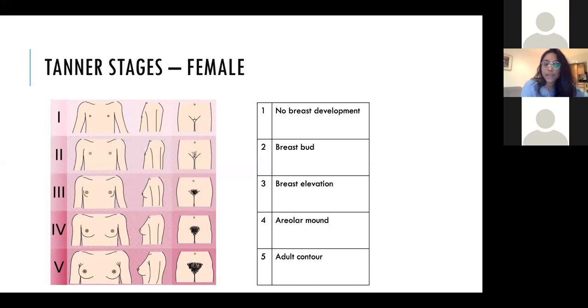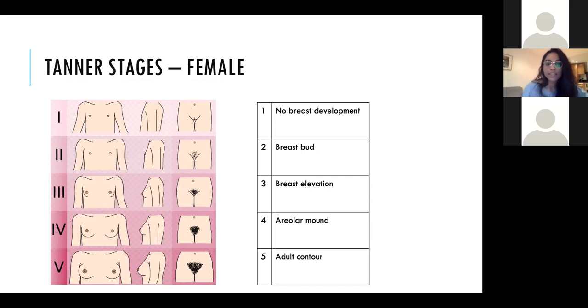Stage 2 is when there's breast bud. So with this, it's not only inspection, you have to palpate, because adipose tissue can feel similar to breast tissue. So you have to palpate in order to do this accurately.